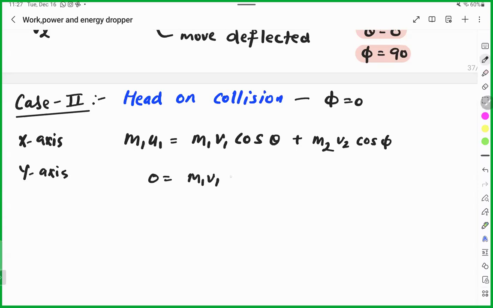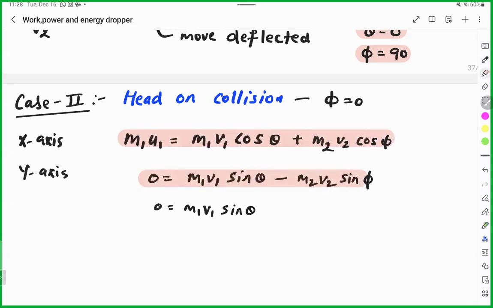M1 V1 sin theta minus M2 V2 sin phi, and you know phi value is 0, so it will be 0, equal to m1 v1 sin 0. Yes or no, guys? In the y-axis. So you have to do the same stuff for head-on collision in two axes, one x, second y. Any doubt?